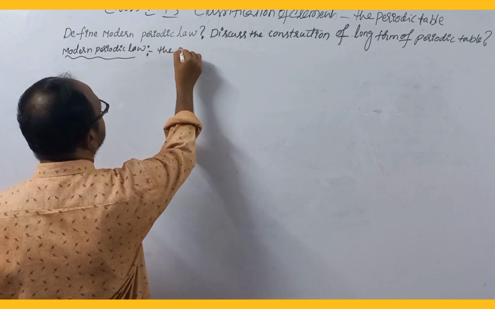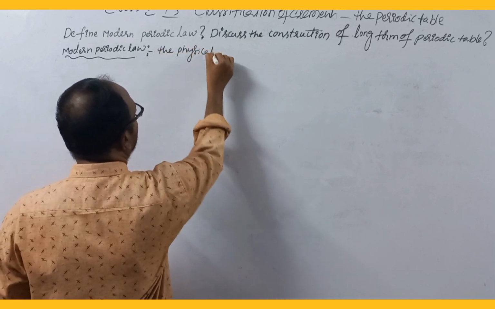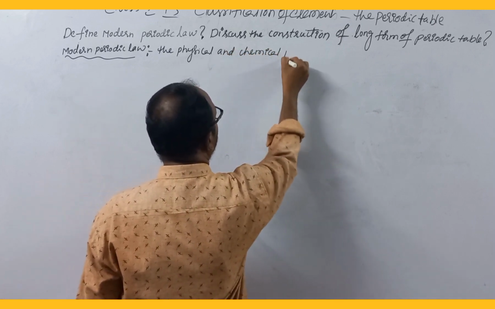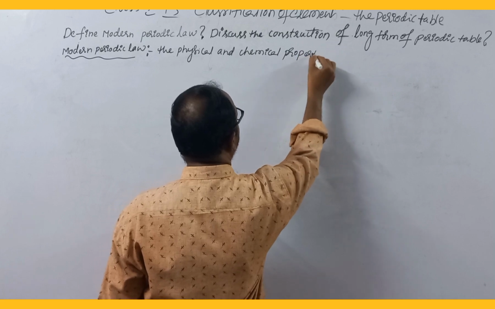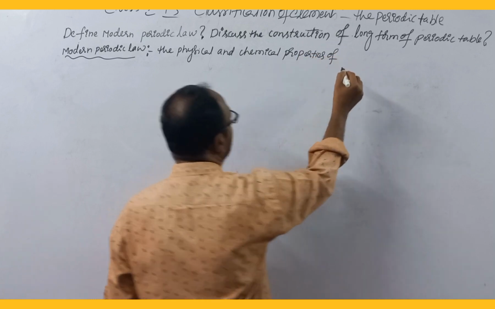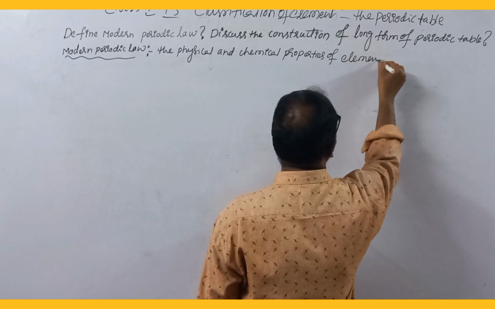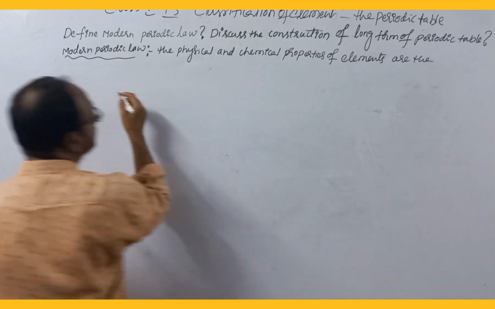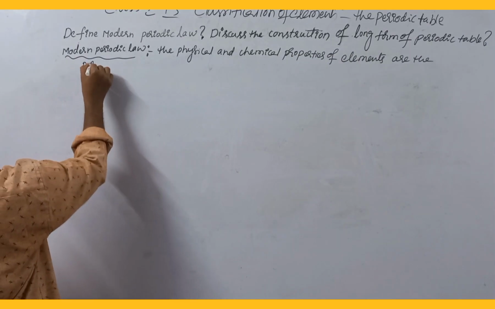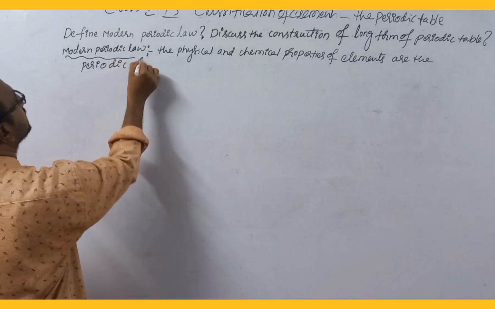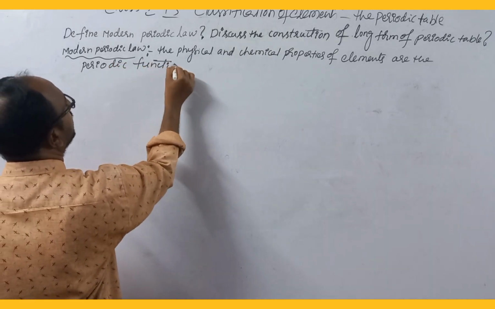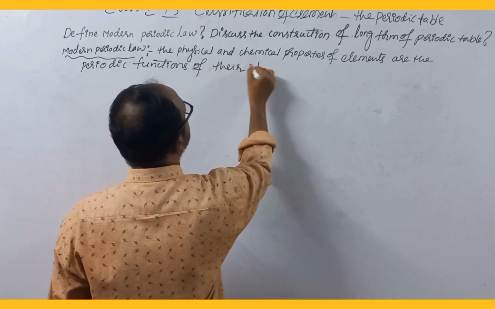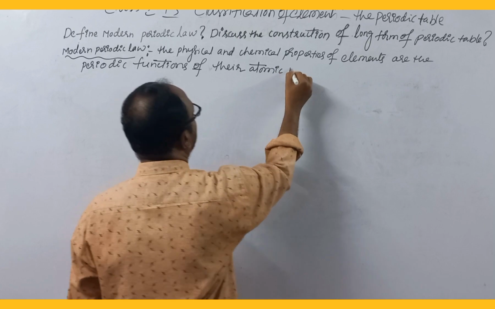The physical and chemical properties of elements are the periodic functions of their atomic numbers.